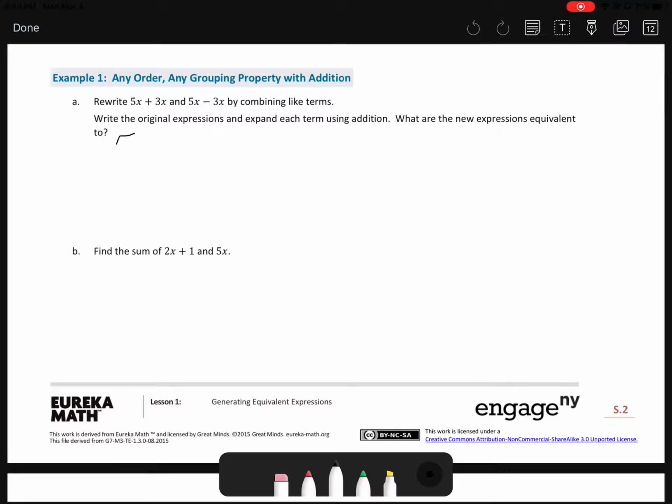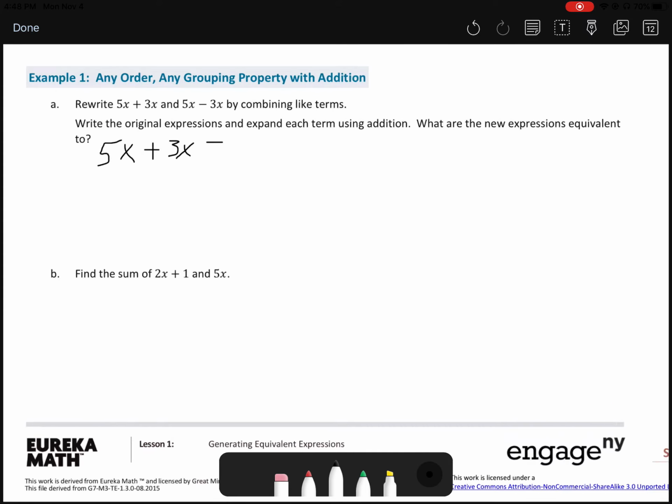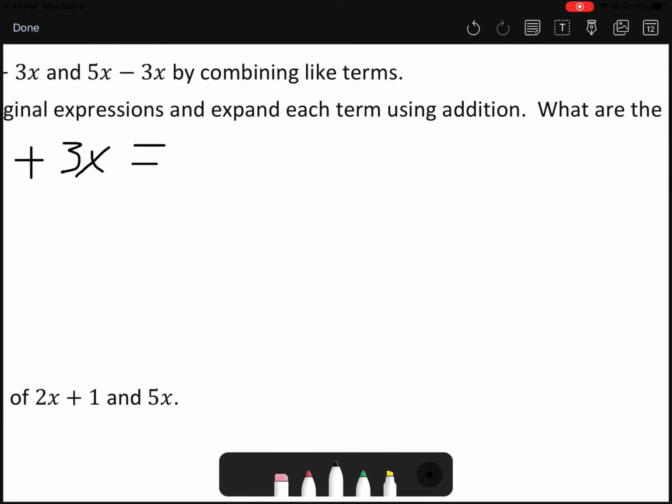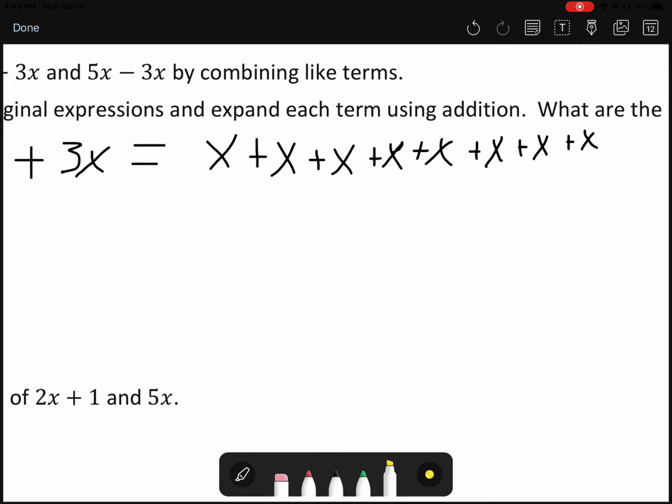So first of all, 5x plus 3x. So we know that 5x can be written 1, 2, 3, 4, 5. That can be written as 5x. And then for 3x, I'm going to add 3 more, so I can write 1, 2, 3. And now I can go through and count 1, 2, 3, 4, 5, 6, 7, 8.